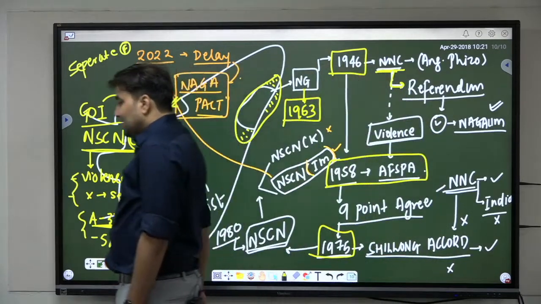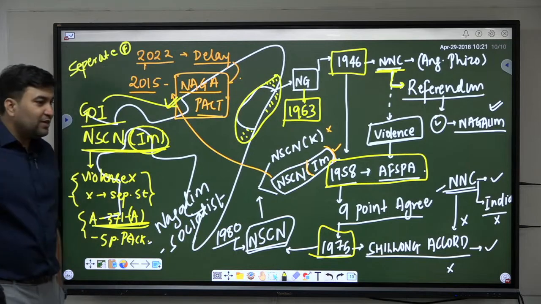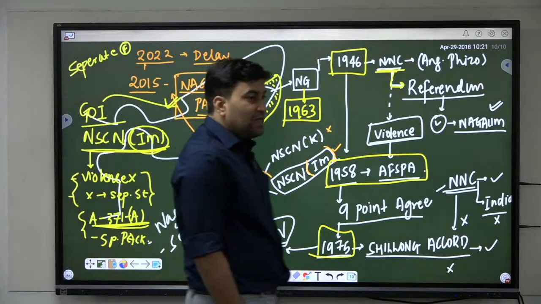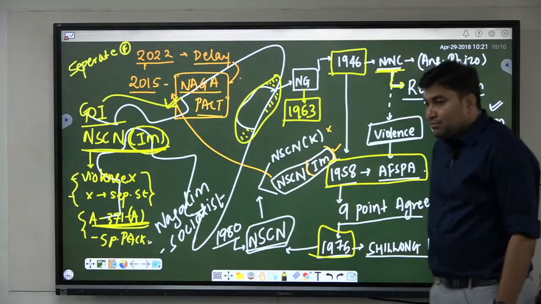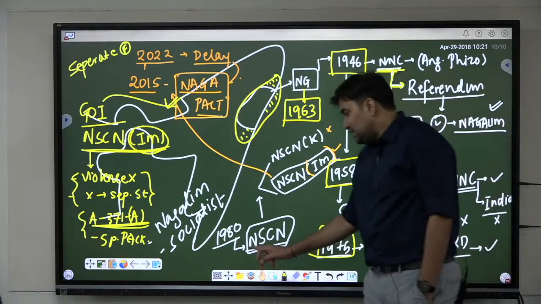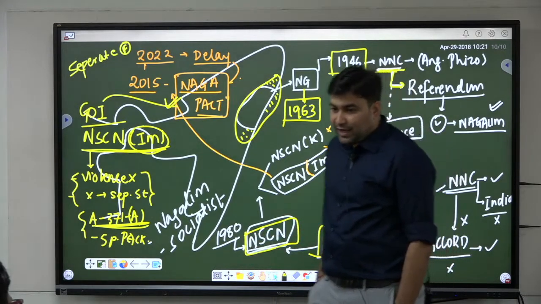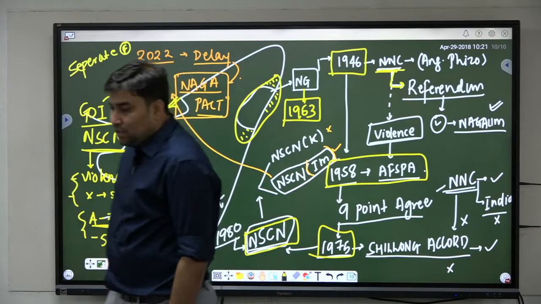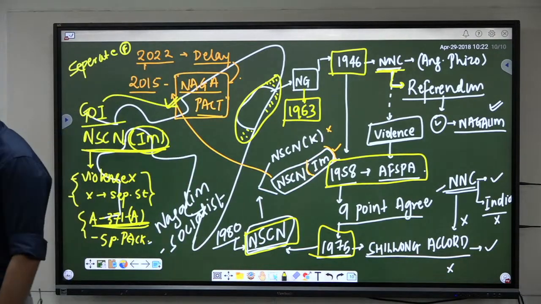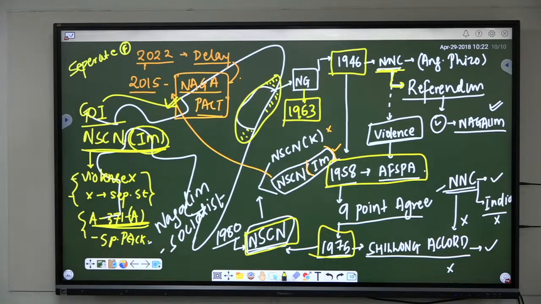Next point. Hence, in opposition to it, in 1980, what was formed, guys? NSCN, the National Socialist Council of Nagaland, was established.